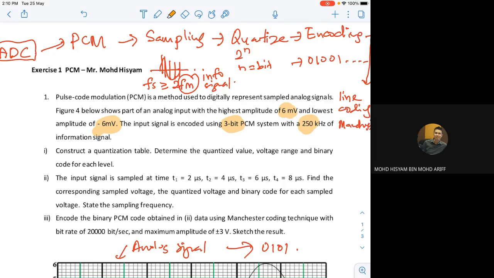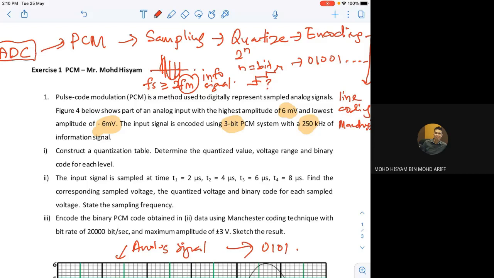Now, this question requires you to construct the quantization table, meaning for quantize. What is the function of the quantize? At the quantize, we want to assign levels to the analog signal. For example, from this signal, for this level, what is the voltage?